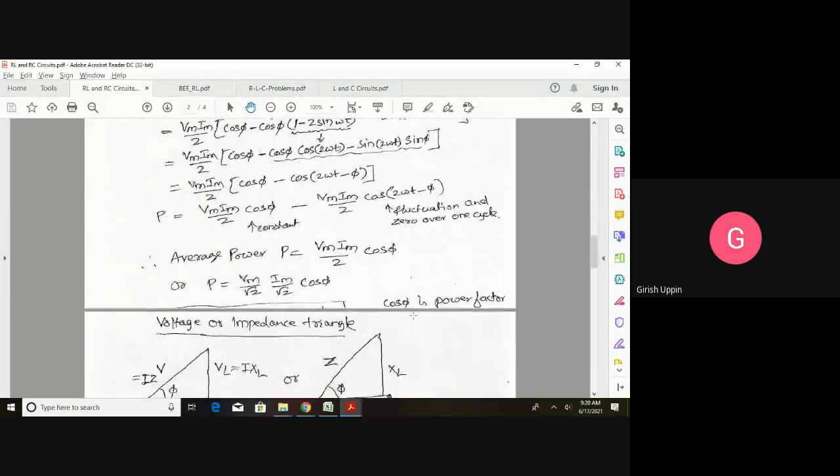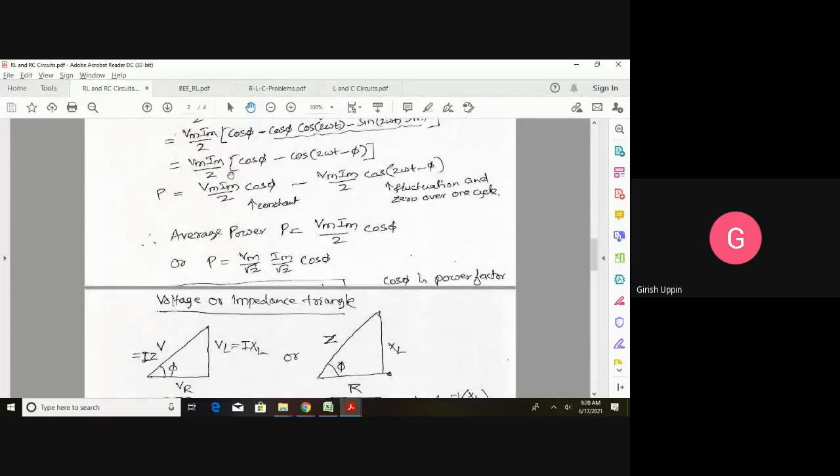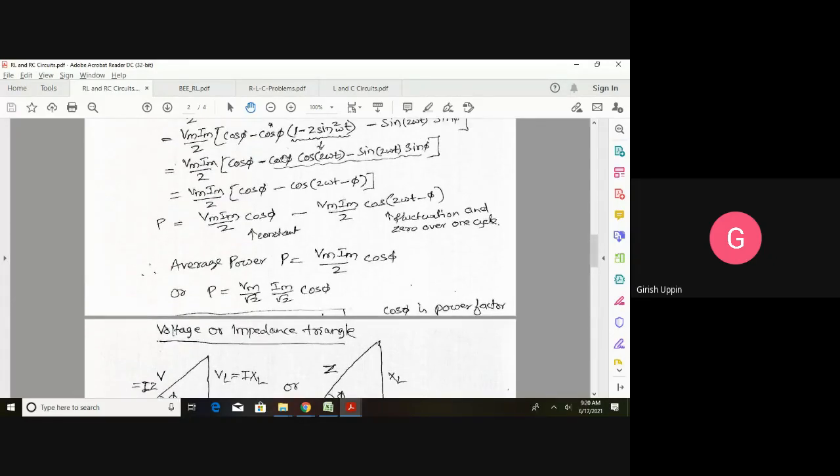Now next, this complete thing, what is this? If I take minus 1 common, what will it be? Cos phi into cos 2 omega t plus sin 2 omega t into sin phi. What is that? It is nothing but cos(2 omega t minus phi).